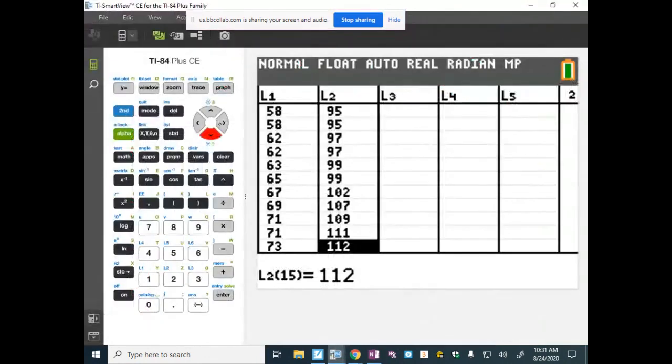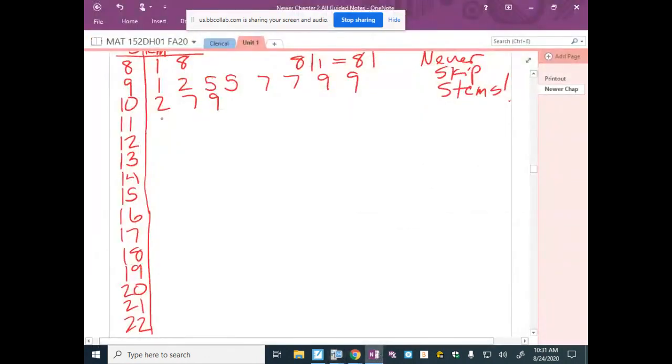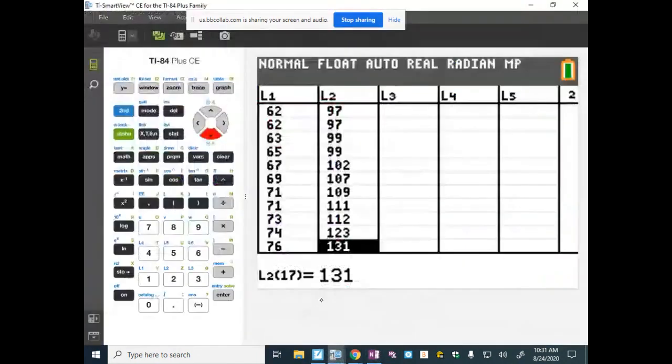So in the 110 range, let's see. Oh, we just got a 1 and a 2. In the 120s, we just have 1, 3.